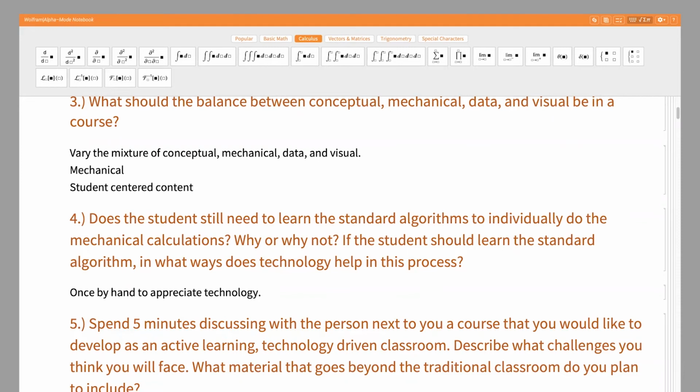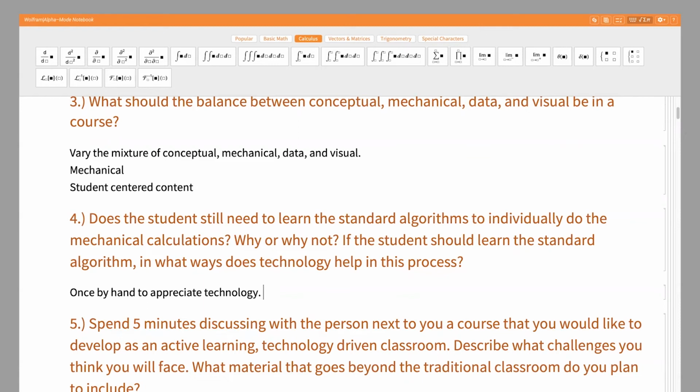Once you see that you can compute that by hand once, and then compare that to what it will look like once you have technology to do that calculation, then that will provide a striking viewpoint of, okay, now you understand why we develop algorithms to be able to compute these things. Especially, what if I had a 10 by 10 system of equations, or a 20 by 20? Once you start reaching larger and larger levels of data, as you were mentioning, we'll come to appreciate the technology there.